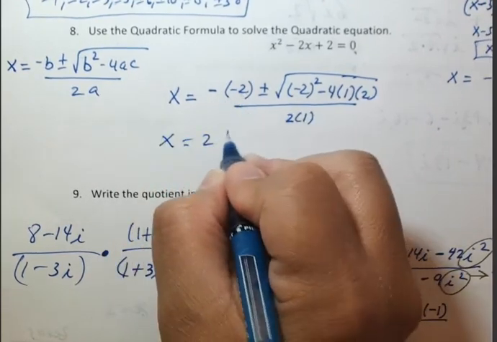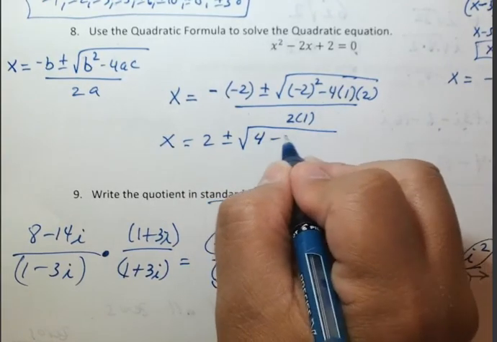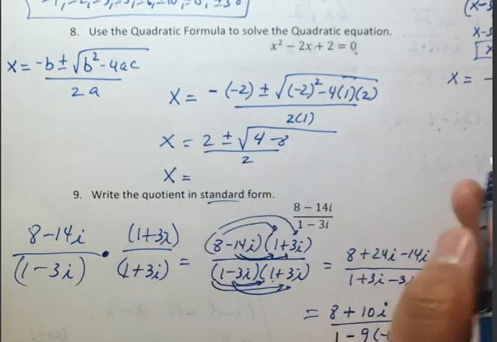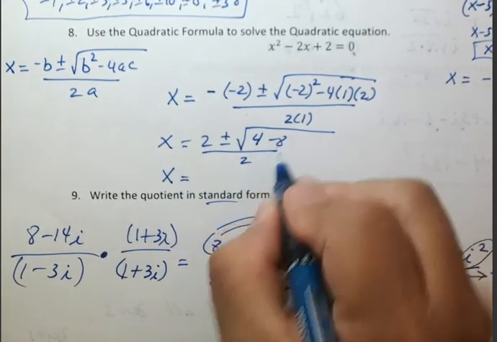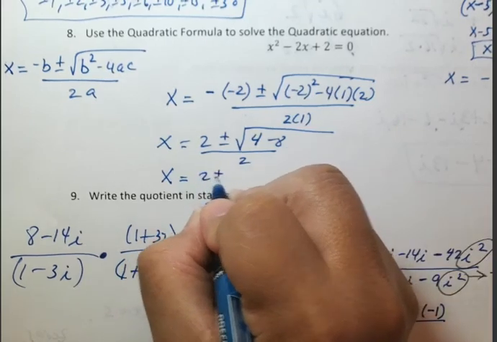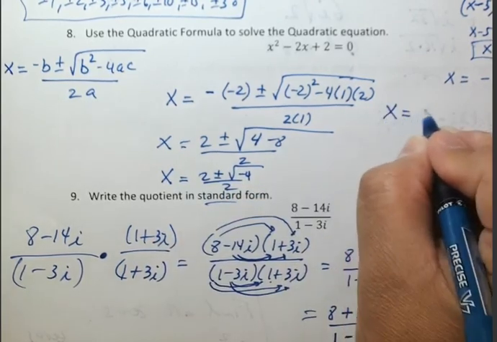Negative negative is positive. Negative 2 squared is 4 minus 8. 4 minus 8 is negative 4. Let me write it up here so we have more space.